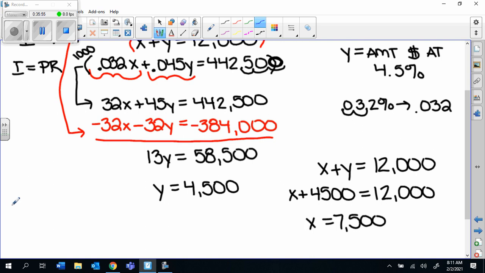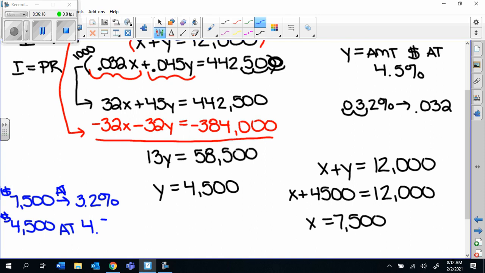So I have $7,500 in loans at 3.2%. I have $4,500 in loans at, I'm sorry, I probably should have written it as an at, 4.5%.